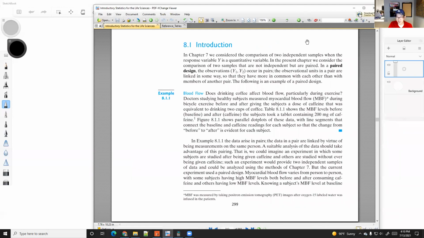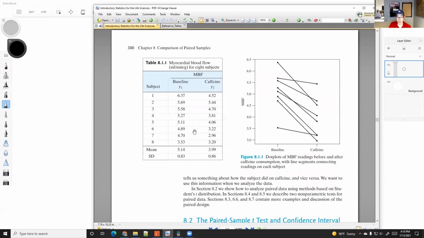Sometimes you drink coffee and there's caffeine and it stimulates different parts of the body. They measured myocardial blood flow during bicycle exercise before and after giving the subjects a dose of caffeine equivalent to drinking 2 cups of coffee. We're looking at the myocardial blood flow (MBF) levels before and after the subjects took a 200 milligram tablet of caffeine. If we look at the data, this is what our data look like.